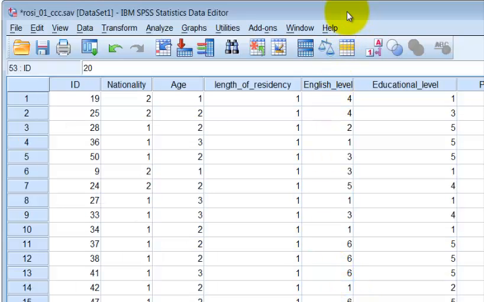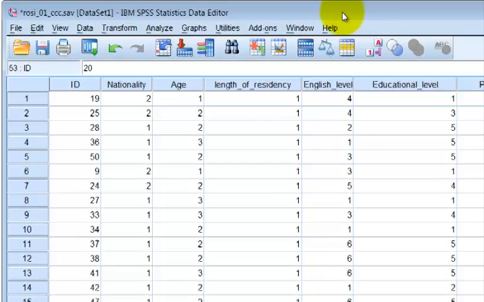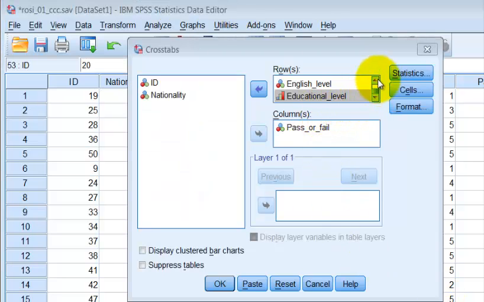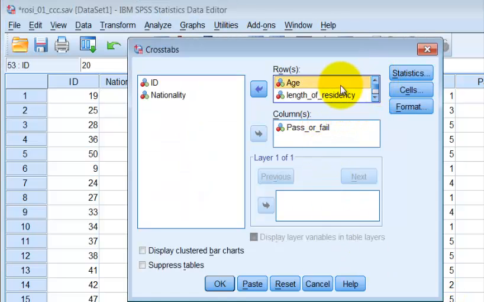Okay, so what we just did with nationality versus the pass or fail rate, we're going to repeat the process with everything: age, length of residency, English level, educational level. Each is one IV, and we're going to compare them all to the pass or fail rate. So we're going to run about 4 more chi-square tests right now, so please hold. Okay, we went ahead and loaded up all the other 4 IVs to run.